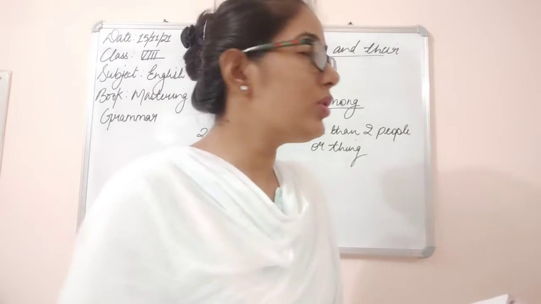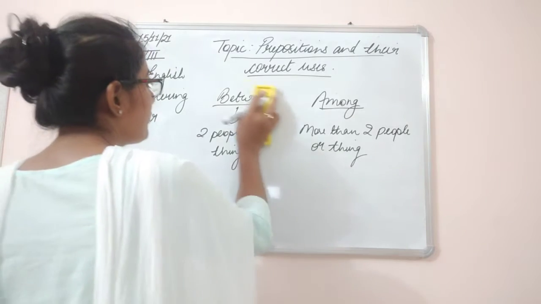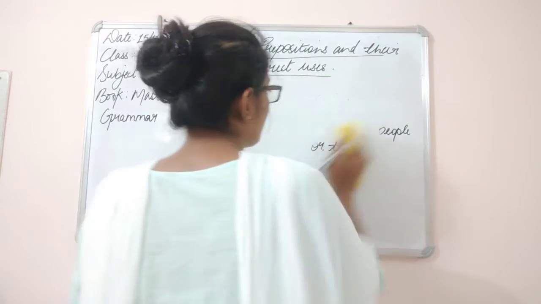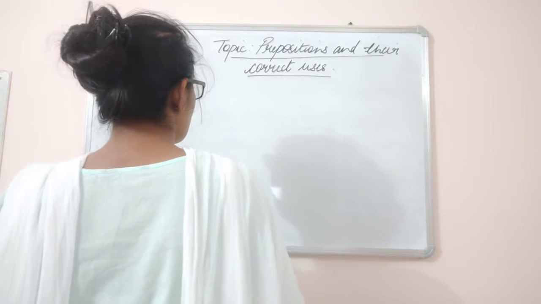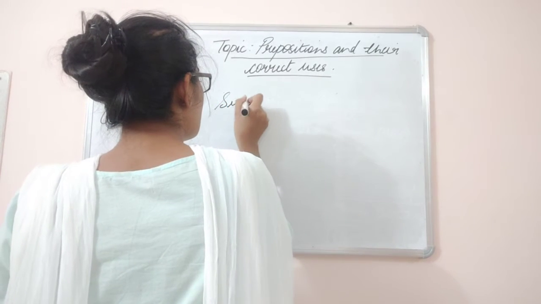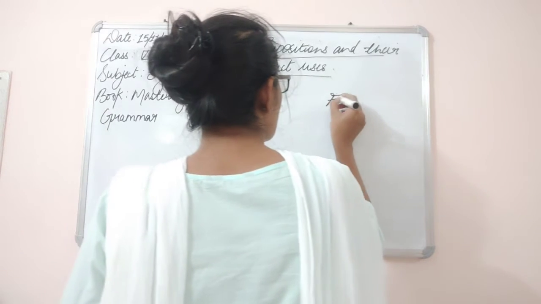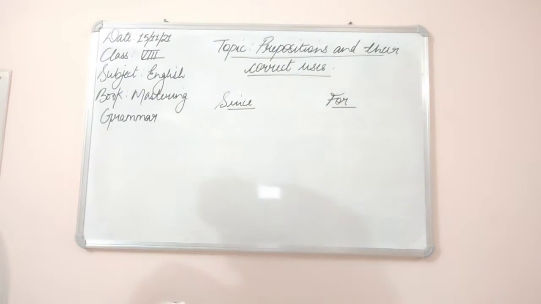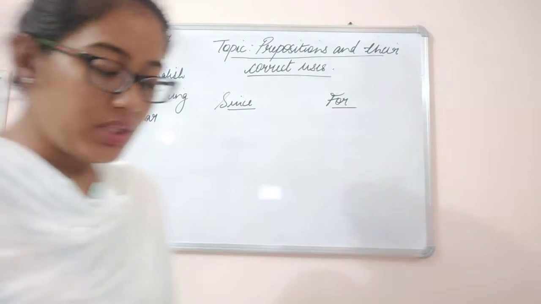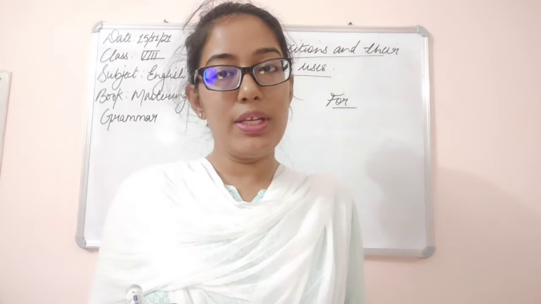Now let's move on to since and for. What is the difference between since and for? Since and for are prepositions of time. Since suggests when an action began, whereas for suggests how long an action has continued.